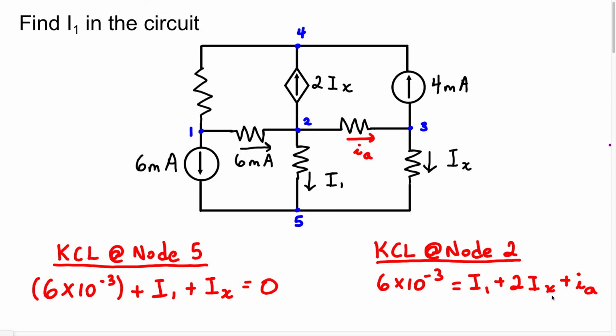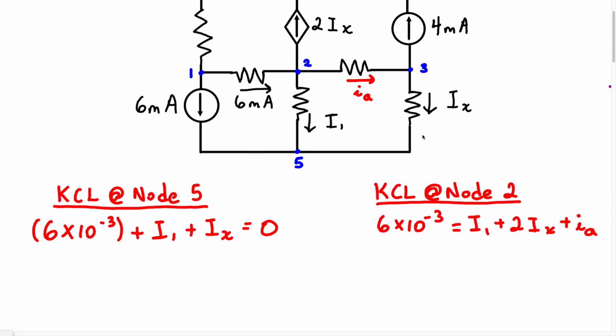There's nothing we can do right at this very moment. So now let's find another Kirchhoff's current law equation at another node. I'm going to choose node 3, because I know we have this unknown current IA entering node 3, and we also have IX for node 3. Therefore, I'm going to choose that particular node.